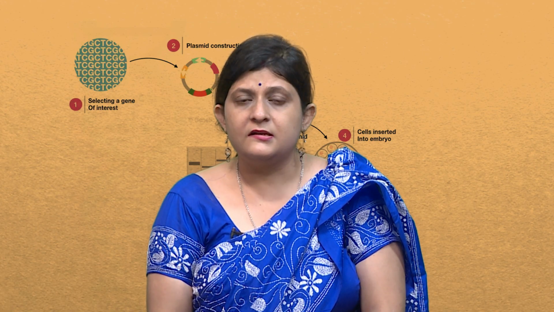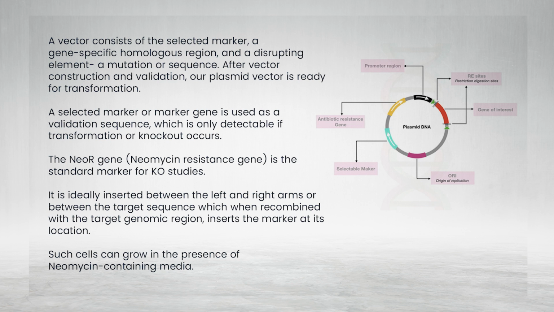Next is the vector, which consists of the selected marker, a gene specific homologous region and a disrupting element, which can either be a mutation or a sequence. After the construction of the vector and validation, our plasmid vector is now ready for transformation. A selected marker or marker gene is used as a validation sequence, which is only detectable if transformation or knockout actually occurs.